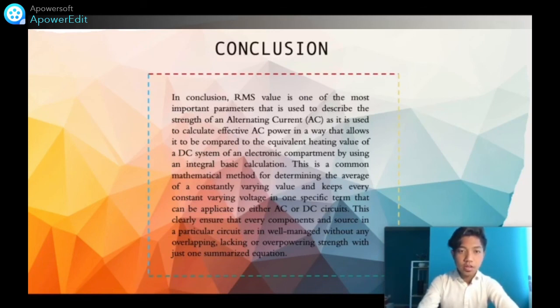This is a common mathematical method for determining the average of a constantly varying value, and it expresses every constantly varying voltage in one specific term that can be applied to either AC or DC circuits. This ensures that every component and source in a particular circuit is well managed, without any overlapping, lacking or overpowering strength, with just one summarized equation.